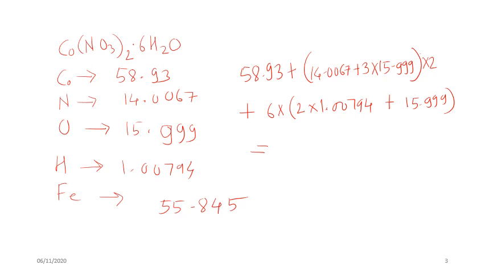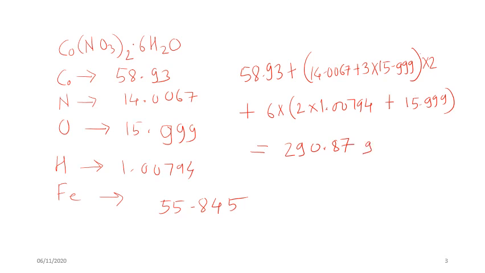Similarly we can calculate the molecular weight of the ferric nitrate, that is Fe(NO3)3·9H2O. The molecular weight of Co(NO3)2·6H2O is 290.87 gram.